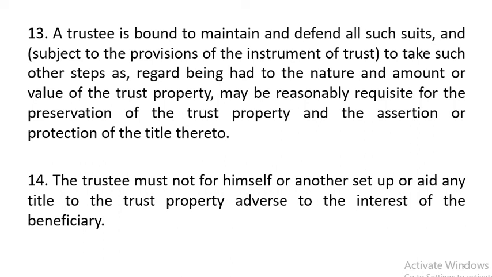Under the provisions of this section, a trustee is not permitted to invoke formal title in himself in respect of the trust property adversely against the interest of the beneficiary, nor should he act in a manner inconsistent with his duty as trustee, nor does he take a benefit from a breach of trust.